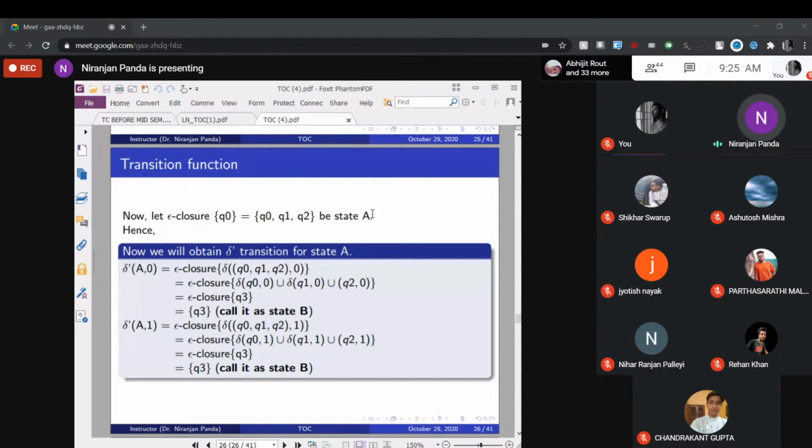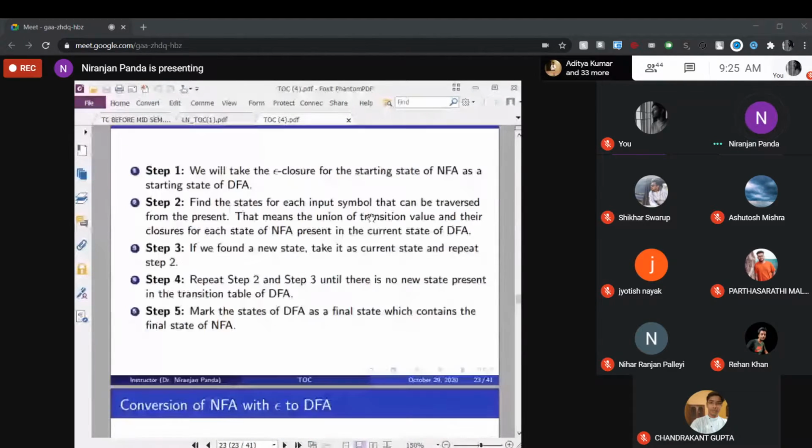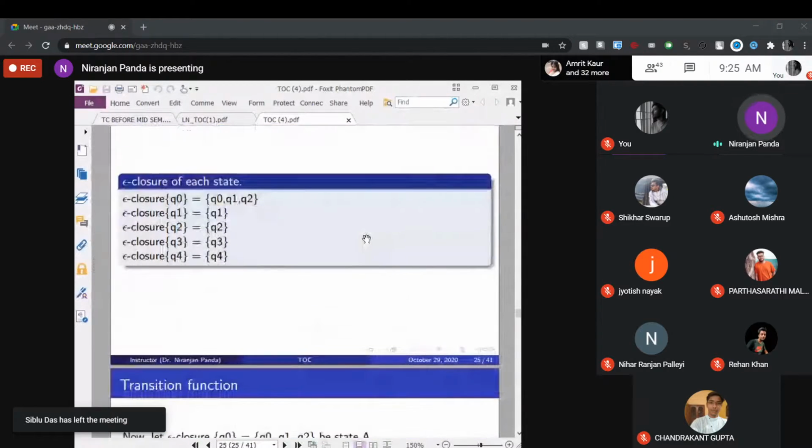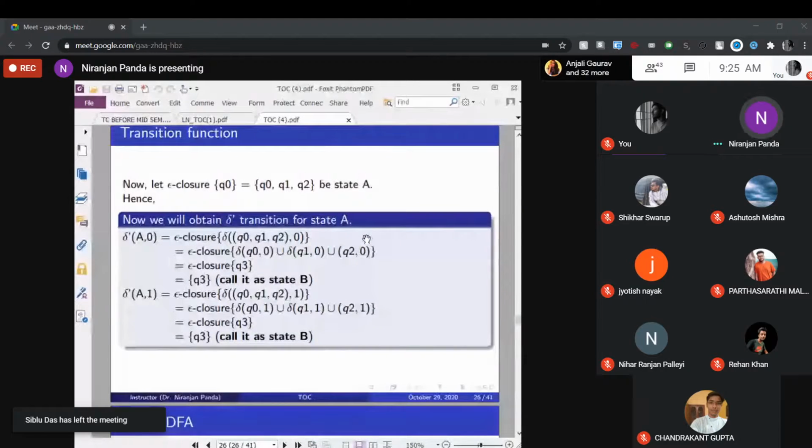Then, how to find the transitions? The transition rule is written in step number 2 here. The rule says that if I have a state of the DFA, find the transition of this state with the input symbol, and for the resultant state you get, find its epsilon closure.